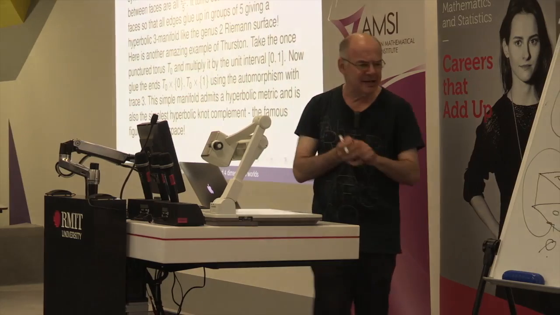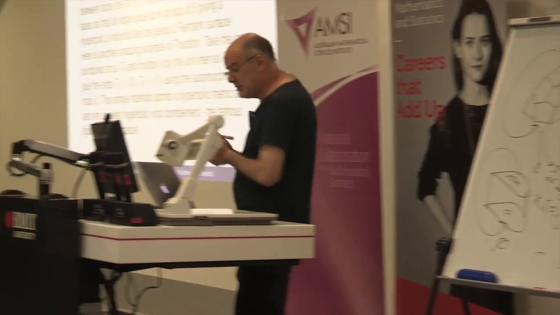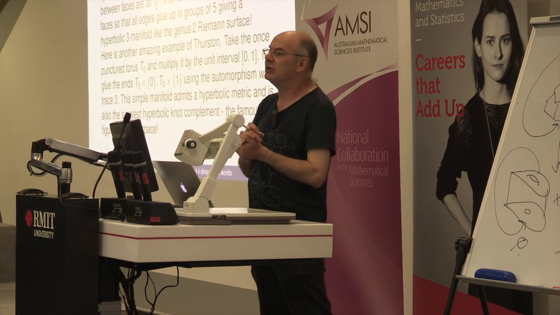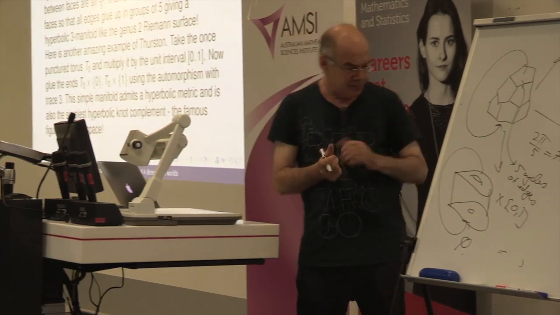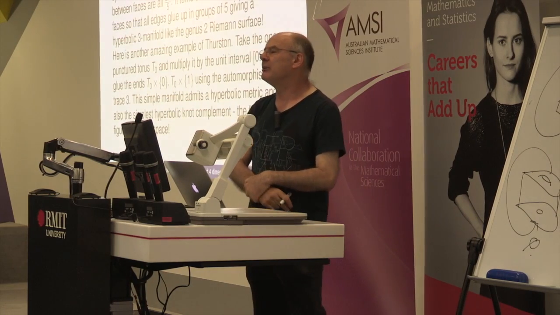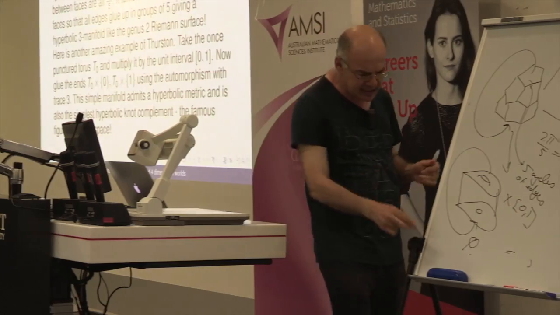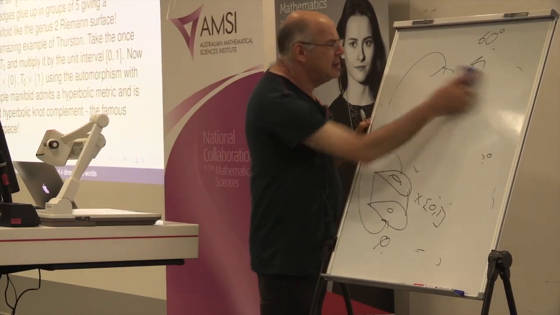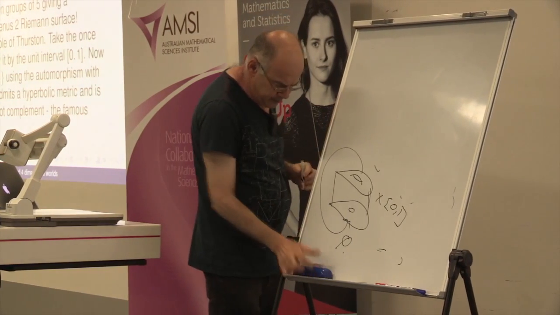It's very easy to show that there is a unique matrix of trace 3 with integer entries up to conjugation. So it's essentially unique. And what Thurston proved is that this thing, this gadget, has a hyperbolic metric. It's a hyperbolic manifold. Not only that, it's a knot complement. It's a very familiar space, which has been known for hundreds of years.